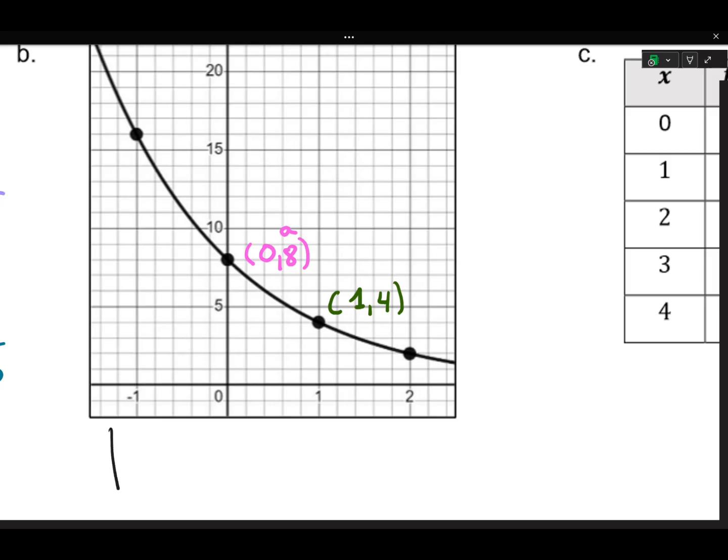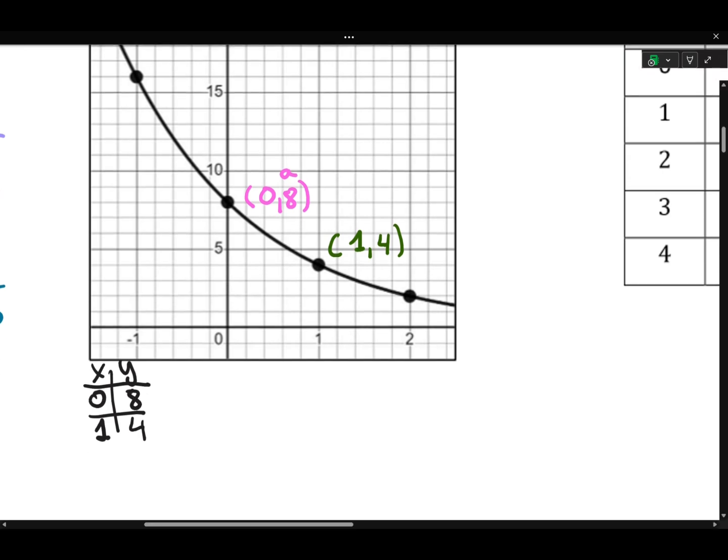I'm going to create a tiny little xy table and make sure I'm putting my numbers in order for x's, so smallest to largest. That means 0 and then 1. So 0, 8, and 4. I'm going to label this as y1 and this as y2.